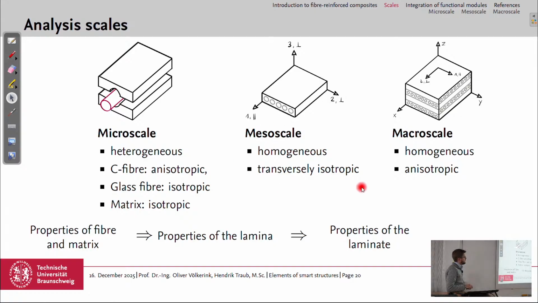But then it is transversely isotropic, for example, so not isotropic. On this scale, we have a description of the whole ply, and then on the macro scale, we look at the whole laminate, which is also homogeneous and anisotropic, but then we need the properties of the whole laminate. So then we need a description of the stiffness of the laminate.